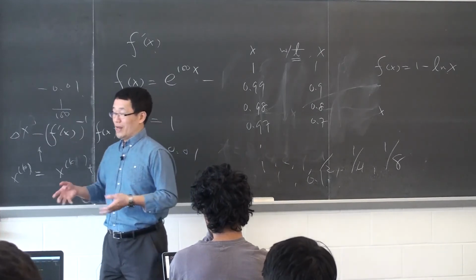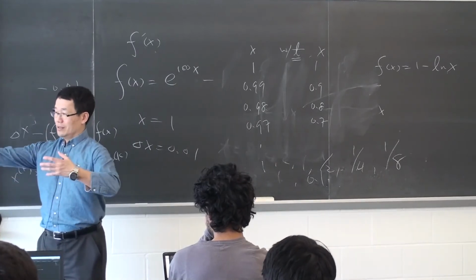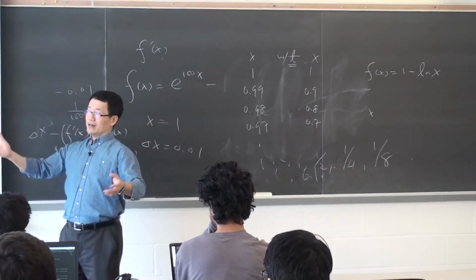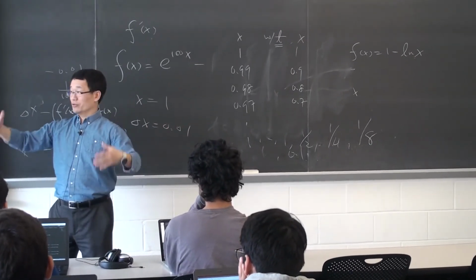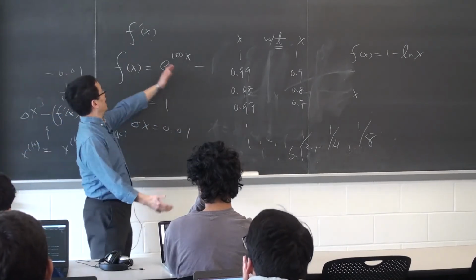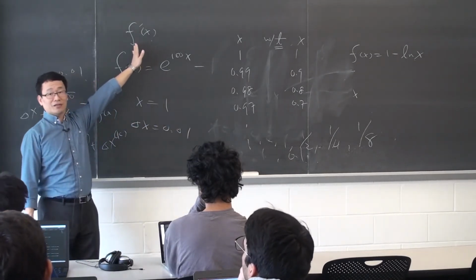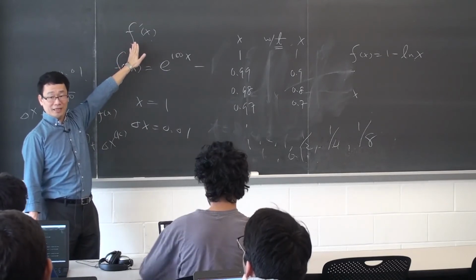Your f is a function that you collect from the data, and it's a least square fit. The least square fit, the data is everywhere. You know how to evaluate f, but you cannot write down a derivative of f symbolically.